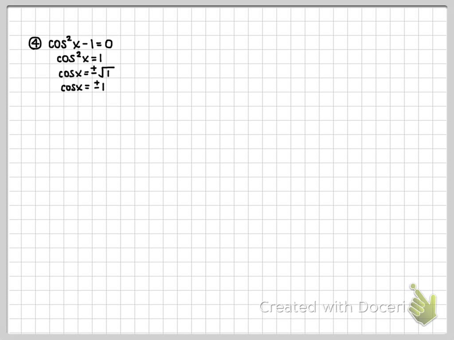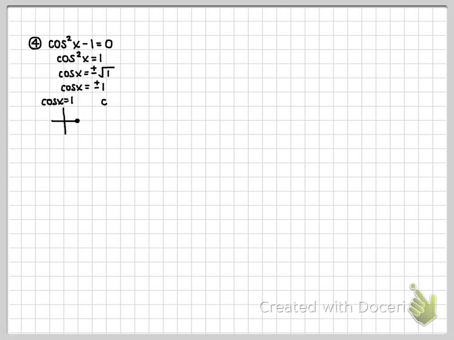So I've got a whole bunch of different solutions here. So if I want to do my cosine of x is equal to positive 1, draw my little picture. Well, when cosine of x is equal to positive 1, then that means that I want the x value equal to 1. So that's this location here.